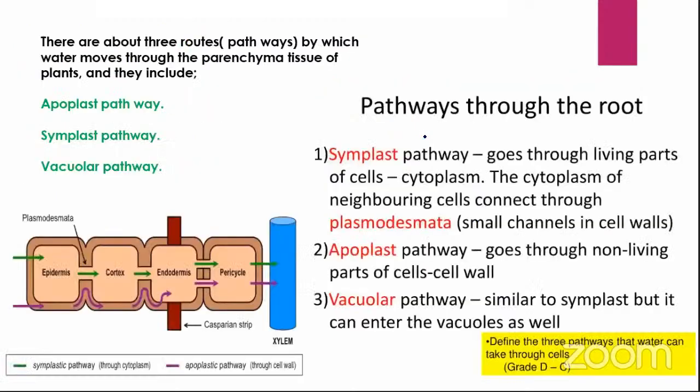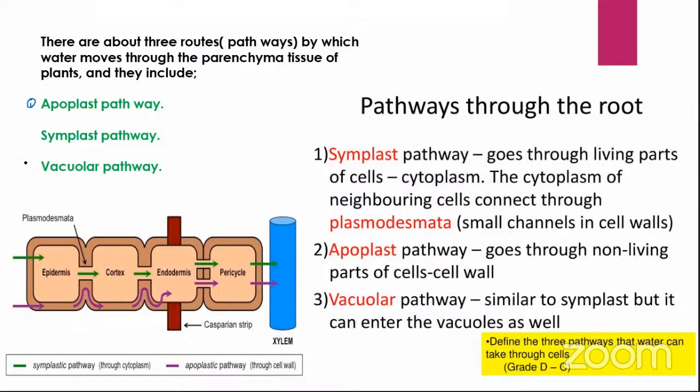Then lastly, as a summary, there are about 3 routes by which water moves through the parenchyma tissue of plants. One is the apoplast pathway, secondly the symplast pathway, which you have already looked at, and thirdly the vacuolar pathway.